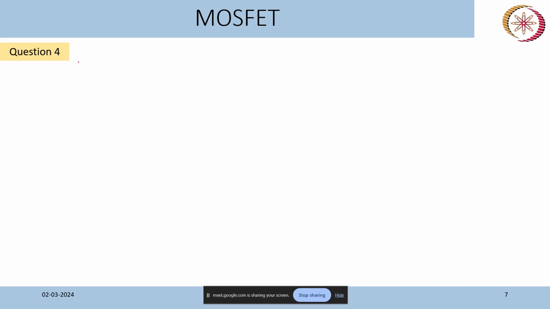Second theoretical question. Let me write down the question first. If a MOSFET is to be used in the making of an amplifier, then it must work in which region of operation?